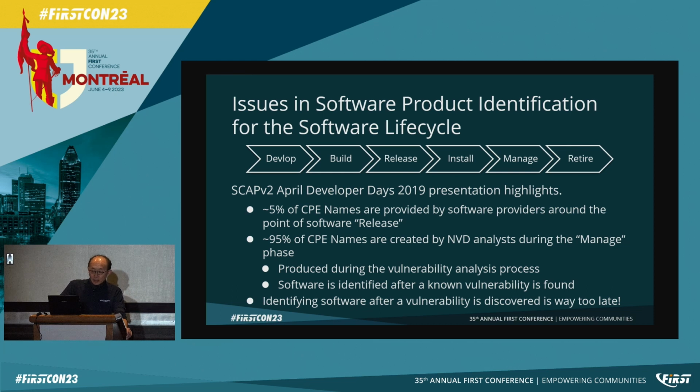On the other hand, the majority of CPE names, around 95%, are created by analysts at the National Vulnerability Database during the analysis phase. Their creation takes place during the vulnerability analysis process. Analysts identify software components associated with the vulnerability discovered in the software. However, it is important to recognize that software identification occurring after a vulnerability is discovered is deemed too late.